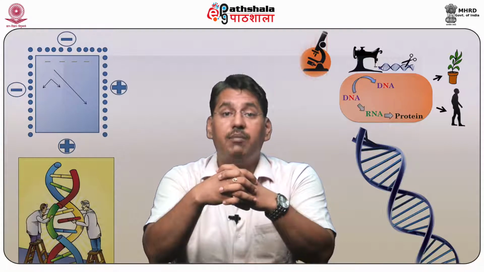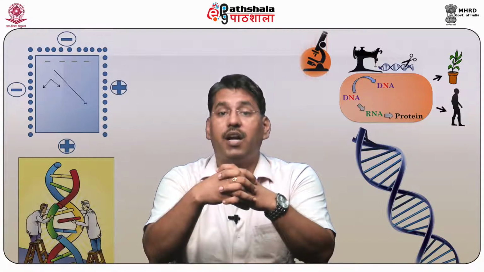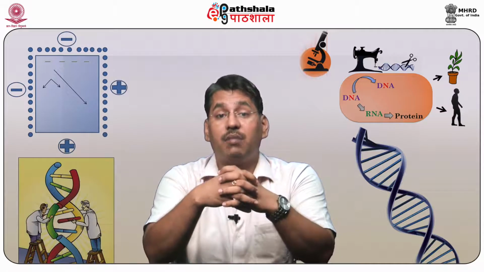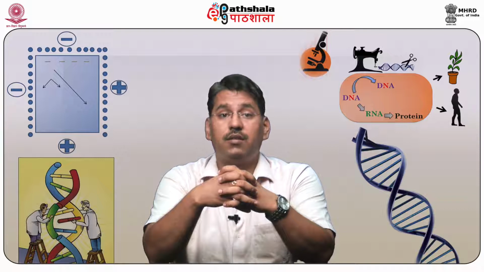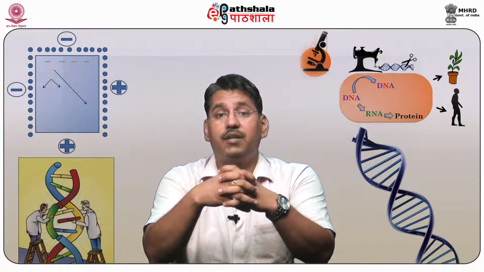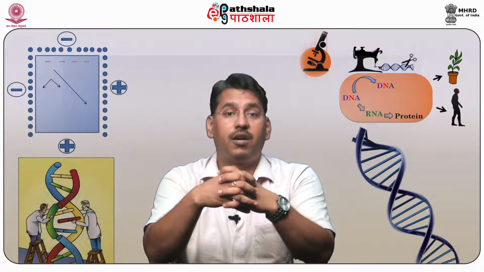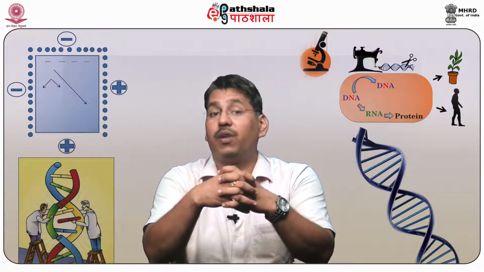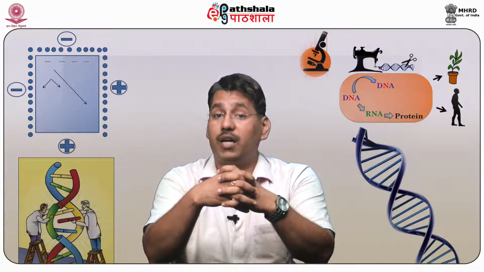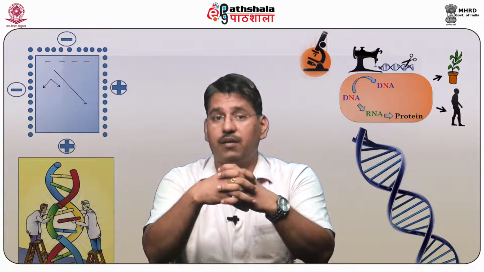To overcome the limitations of natural vectors, artificial plasmids are designed by combining different elements from diverse sources. Artificial plasmid vectors are classified into two broad types based on their use. First is the cloning vector, and second is the expression vector.